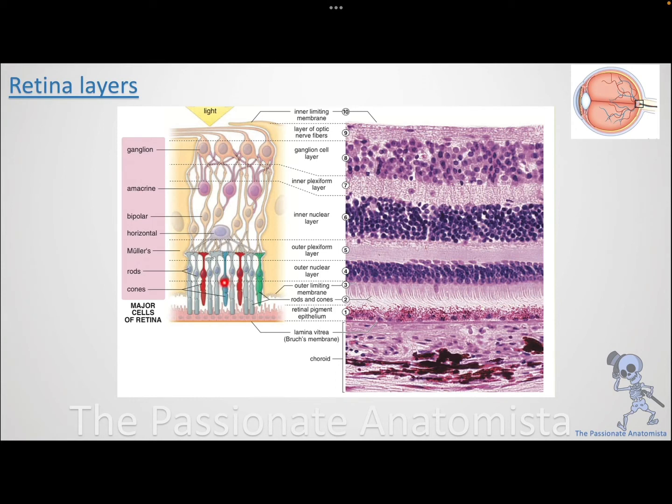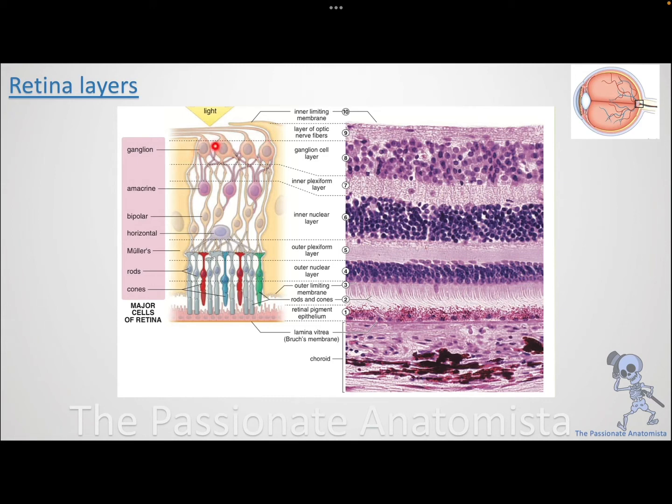I transform the photons of light into electrical energy, and I take it retrograde back through the horizontal cells, and from there to the bipolar cells. And you know the bipolar cells are important for the sense organs. Then from there to the amacrine cells, and from there to the ganglion cells. These are actually the cell bodies of the optic nerve.